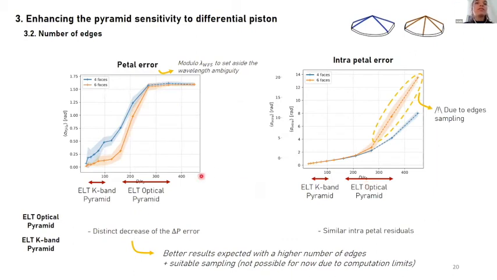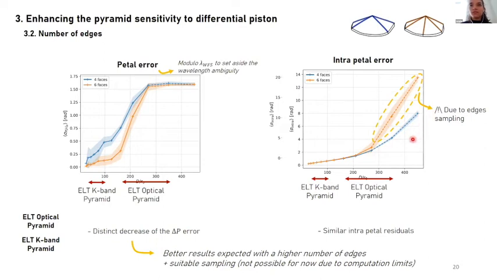I did exactly the same thing looking at the different D over r0, and here we really have a clear improvement of the petal error using the 6 faces pyramid. Also, I have a dotted line here because this is due to the edge sampling in my simulation, so I could validate that. Usually when you use a 4 faces pyramid, it's aligned with the grid of your phase mask.